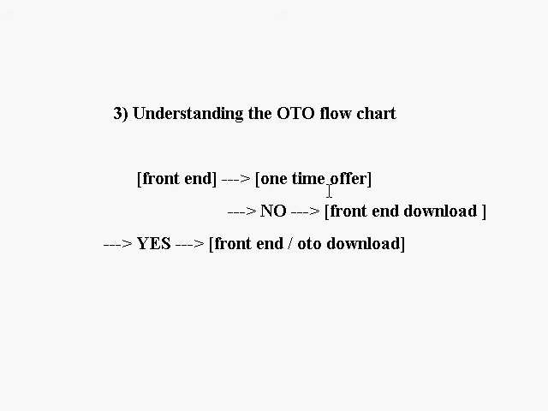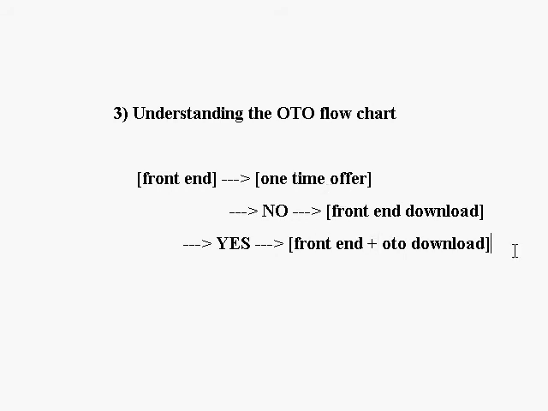So basically you're going to have to create two different download pages. If somebody says no, they're only going to get the front end product. If they say yes, they're going to get the front end product plus the one-time offer. So I better change this to a plus.